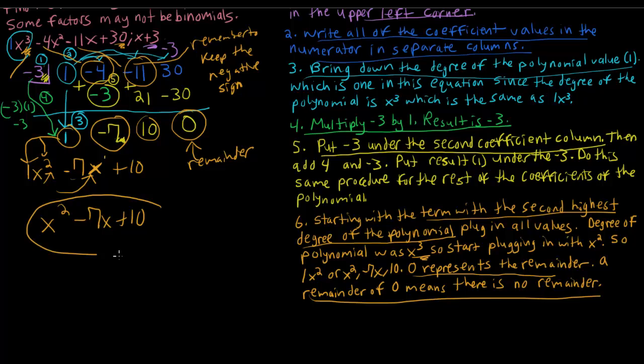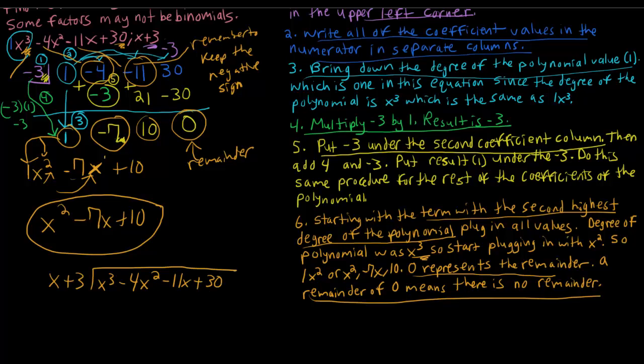And a way to check your answer, you could simply do long division for this equation, which would just be x plus 3 into x to the third minus 4x squared minus 11x plus 30.